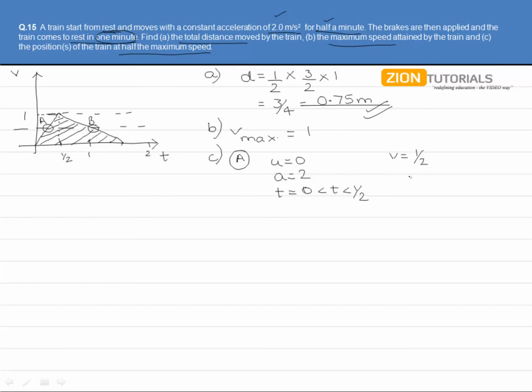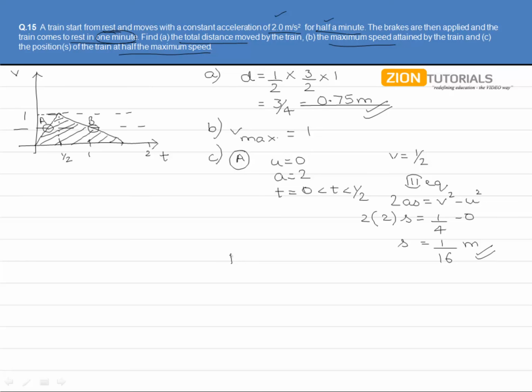So simply we can employ the third equation of motion to write 2as equals v square minus u square. So twice the acceleration, that is 2, into displacement equals 1 by 4 minus 0, that is s equals 1 by 16 meters.